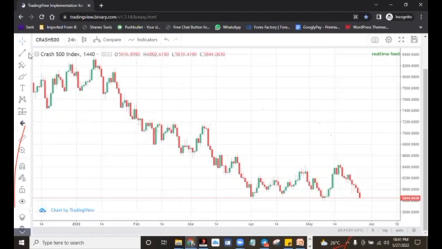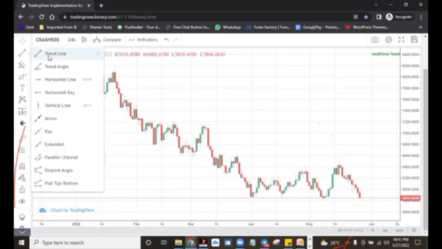All right, so if you come over here, you want to click on trend line. So we have all these tools. You see, there are quite a lot of them, but I'm going to give you the few most used ones. Not all of them are being used. So number one, we have the trend line. Number two, we have the horizontal line. Number three, we have the horizontal ray.